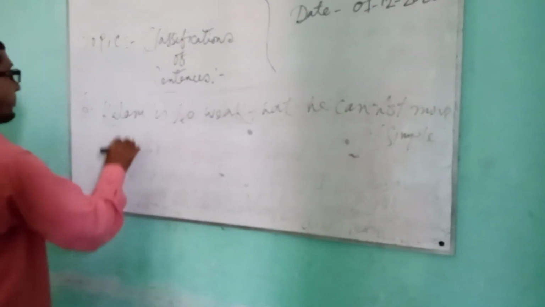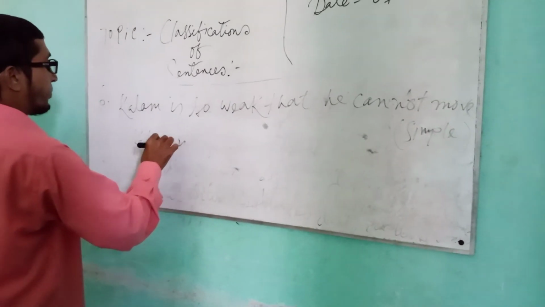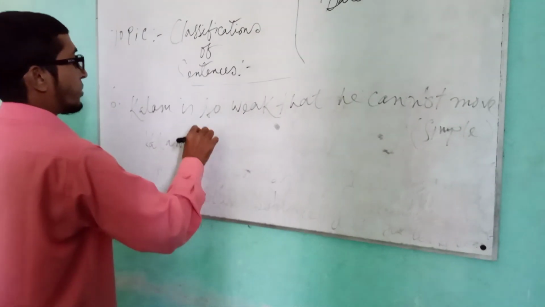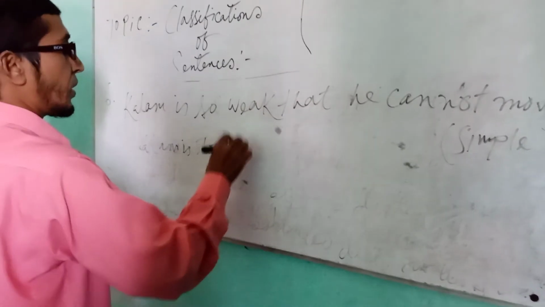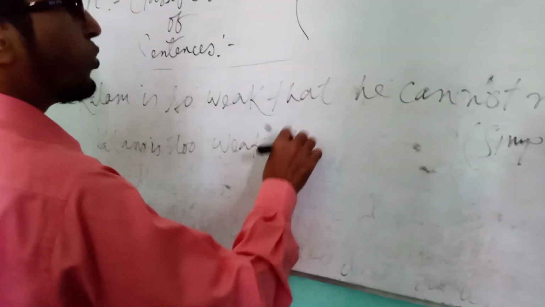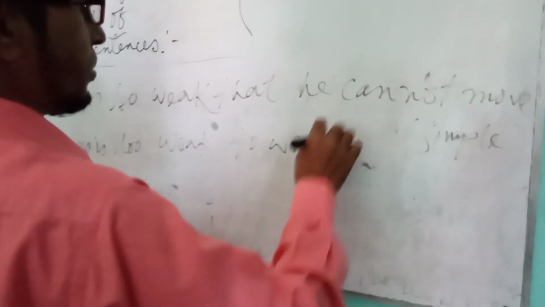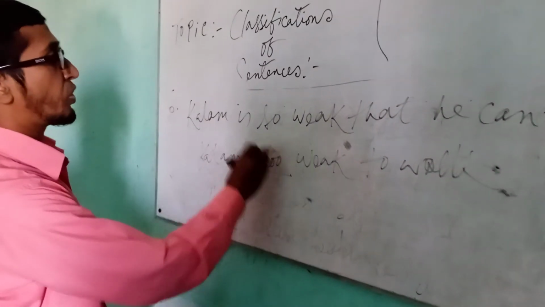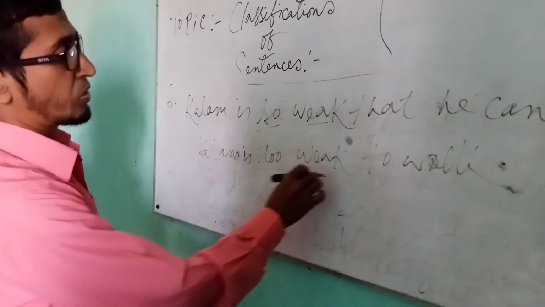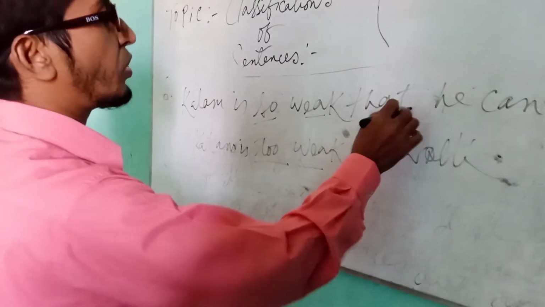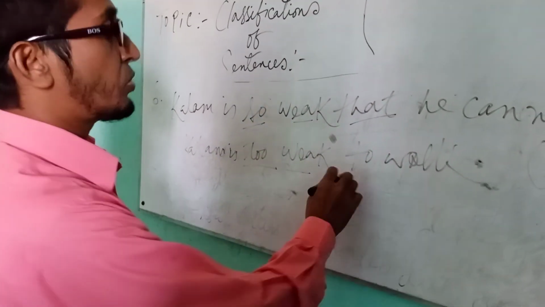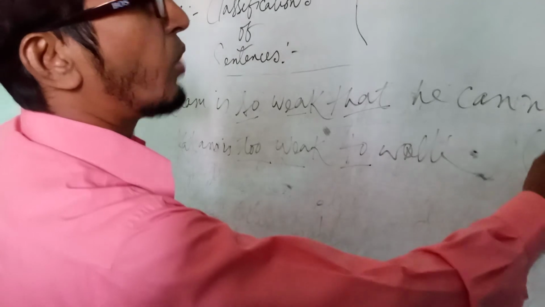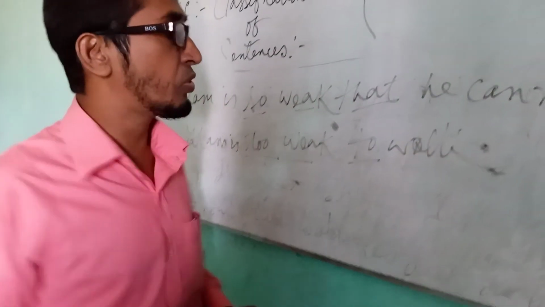"Kalam is too weak to move." It is noticeable that we have used "too" instead of "so", and the adjective, and instead of "that" we have used "to" plus verb one, to move.